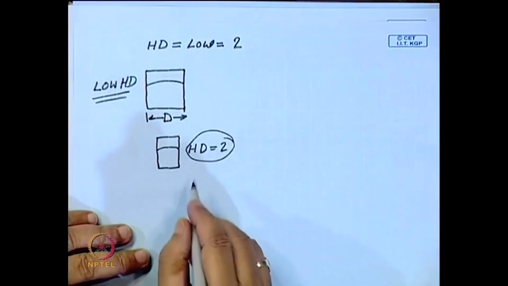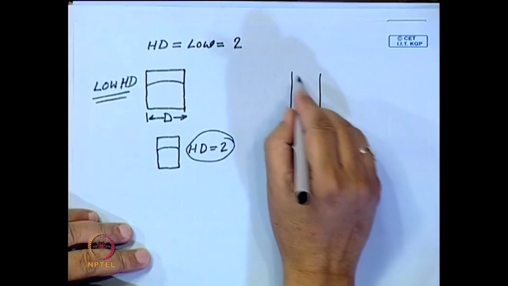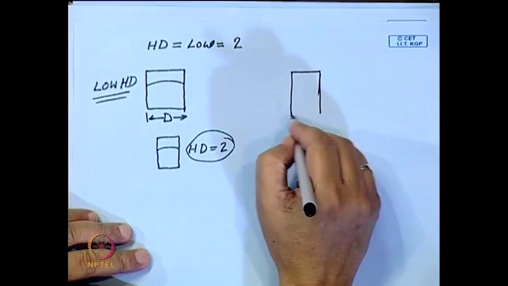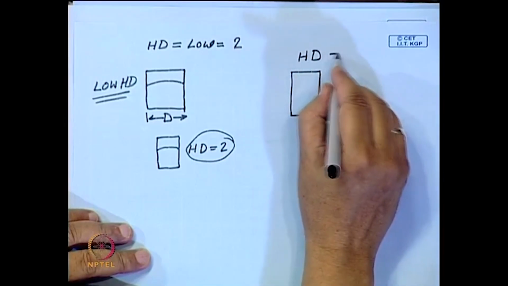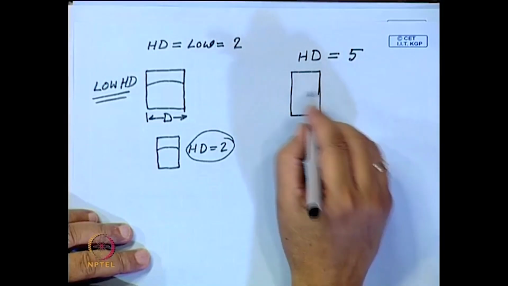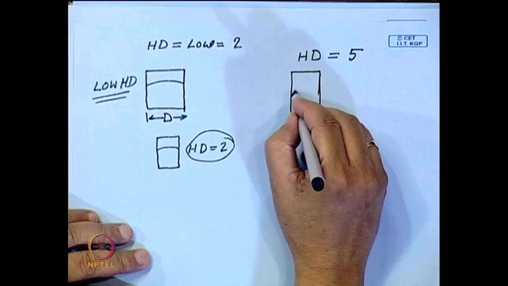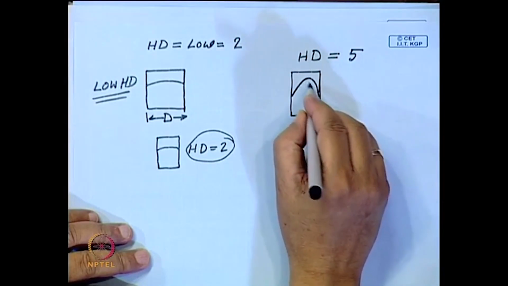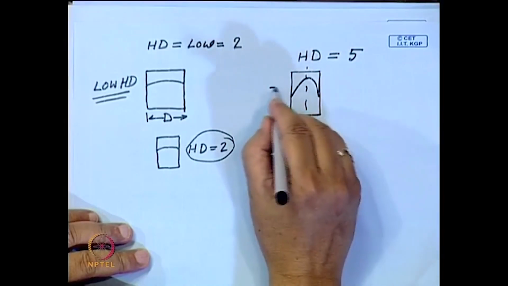But if HD is high, you will find the other end. Say suppose this is 5. In that case you will find a large temperature gradient.